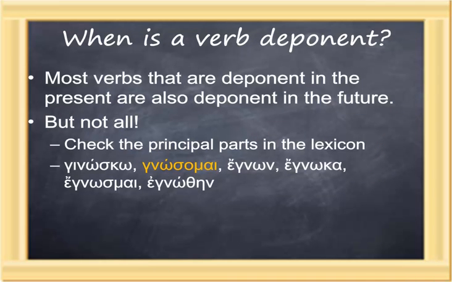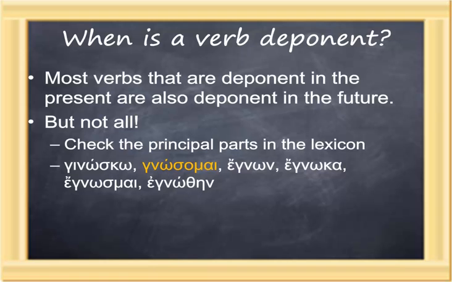Now, most verbs that are deponent in the present are also deponent in the future, but not always. And that's another reason why principal parts become so important, because they reveal when a particular tense is regular or deponent.